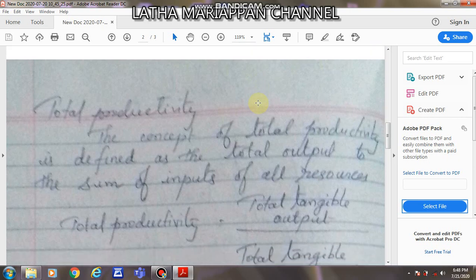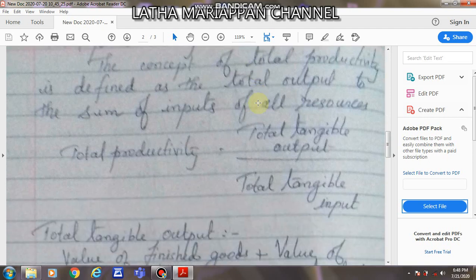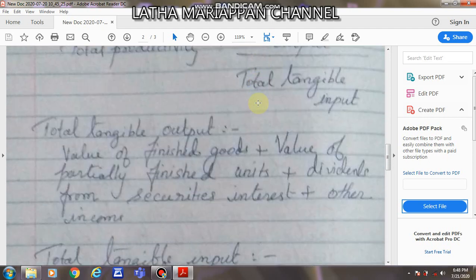The next one is, what is total productivity? The concept of total productivity is defined as the total output to the sum of input of all resources. So the total productivity is the ratio between total tangible output and total tangible input. What comes into the tangible outputs?